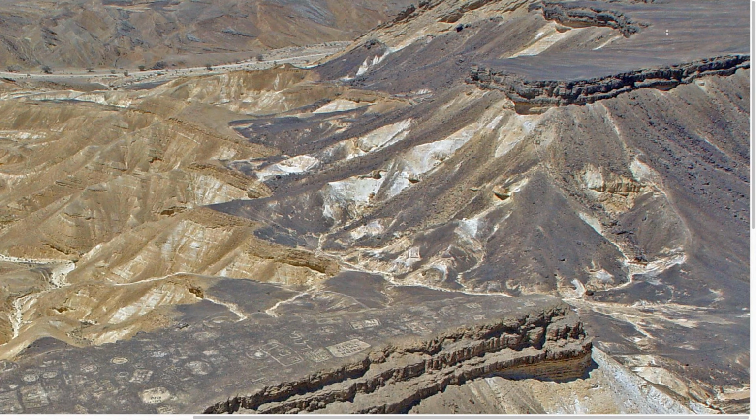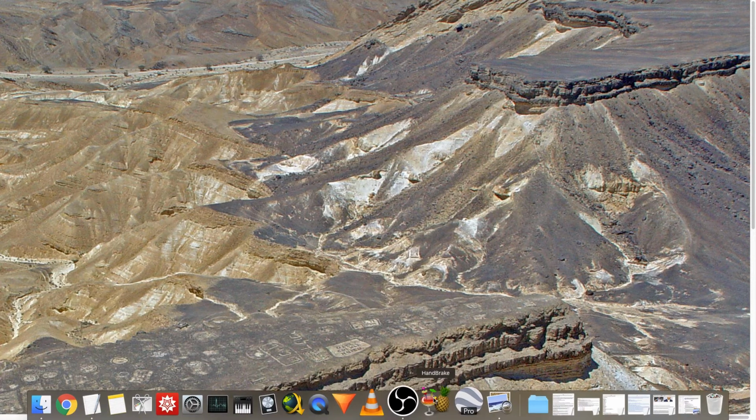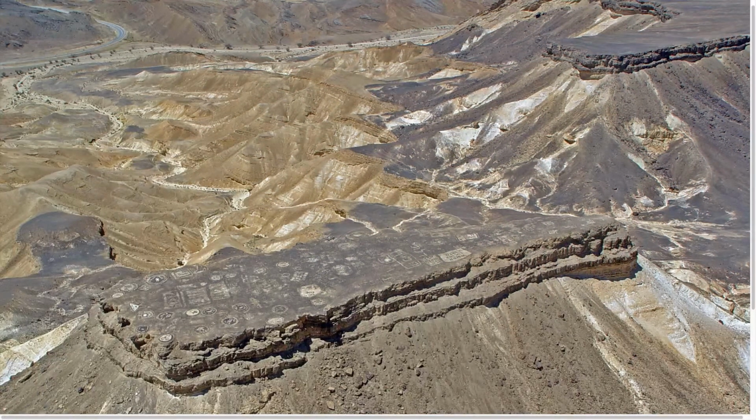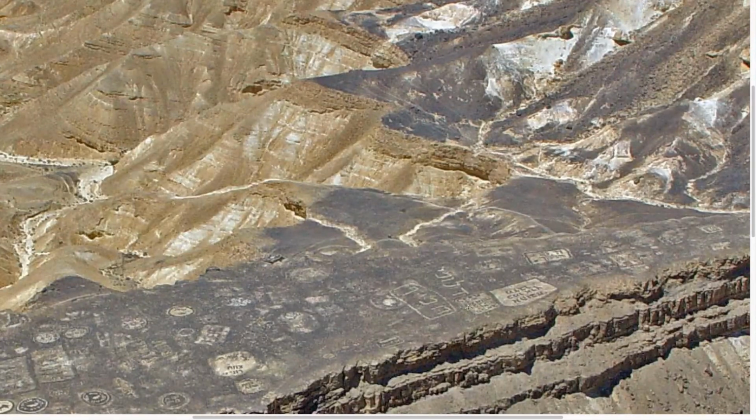So this is kind of flat, and then over here, obviously, this area, this Har Karkom mesa, is flat-ish, fairly flat. And the writing on top, I'm not sure what that all is.